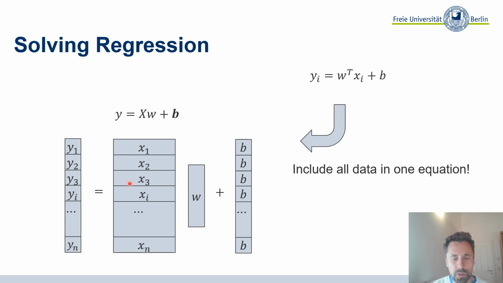Each of these rows is one of our input vectors xi, and multiplying this matrix by the vector W results in, so the multiplication is really a dot product of each row of the matrix with W. So this is what we want to do here anyway.